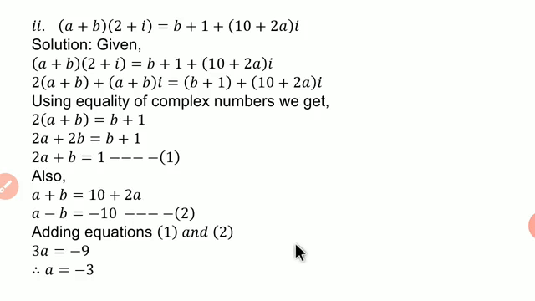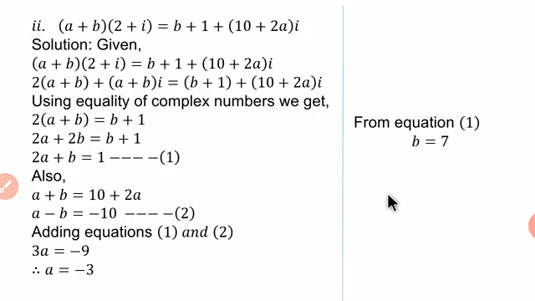Now we put this value of A in either equation 1 or equation 2. So from equation number 1, if we put A is equal to minus 3, we get minus 6 plus B is equal to 1, that is B is equal to 7. And hence we get A is equal to minus 3, B is equal to 7. These are the values of A and B for this example.